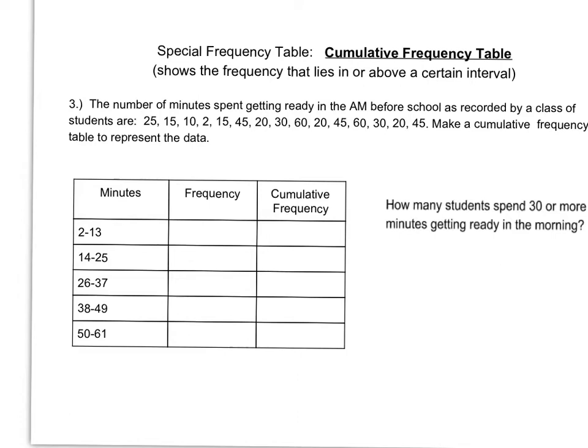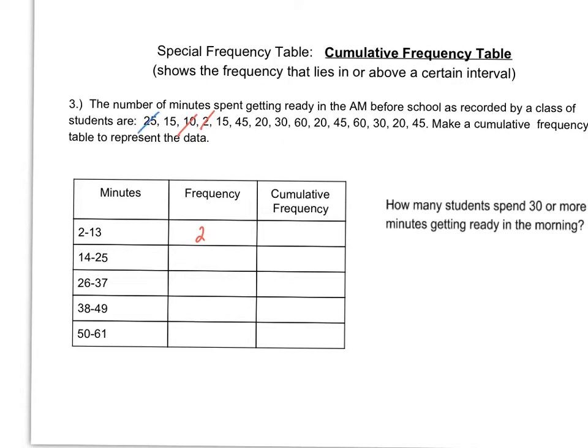So let's start with our 2 to 13, and these are number of minutes spent getting ready in the morning before school. All right, so 2 to 13, so it looks like we got 1, 2, and is that it? Didn't miss anything. That looks good. Okay, so 2. All right, 14 to 25.